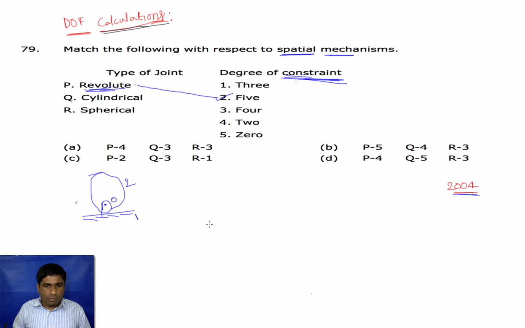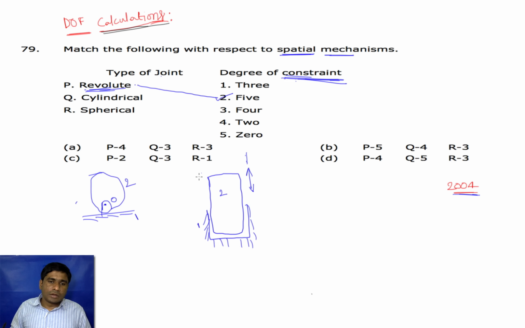So if this is cylindrical, this is a hollow cylinder, fixed one, and inside this hollow cylinder we have another body like this. We have already seen that, and this is body 1, this is body 2, and this can reciprocate or travel in this direction, and it also can rotate about its axis.